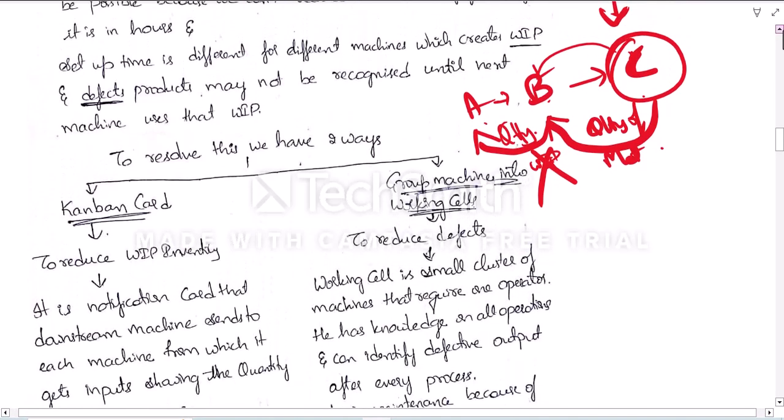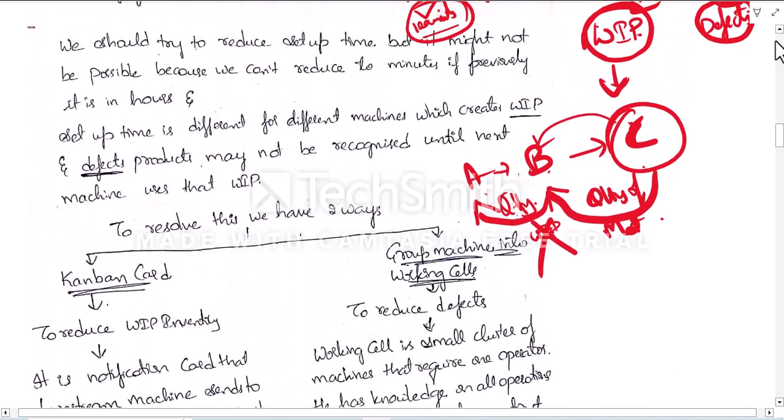Okay, the downstream machine will send it to the upstream machine. C will send it to B. And if A is getting its raw material from X and Y, it will issue the Kanban card to both X and Y about the quantity of raw material it will require from them. This is one way to reduce the work in progress.